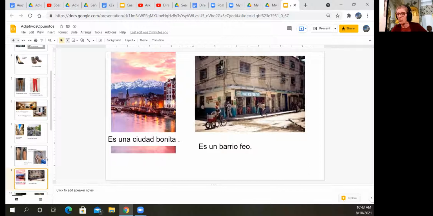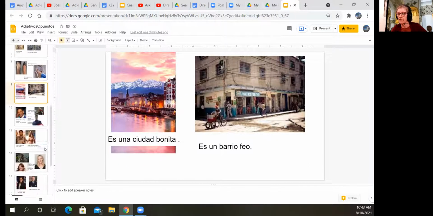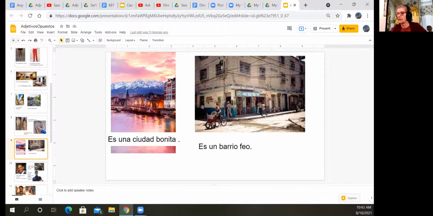But they don't like the looks of this. Okay. Bien, so I'll send you some of those so you can see the opposites there. Bien, vale? And the more you read, the more you see, the more it will make sense. Okay.